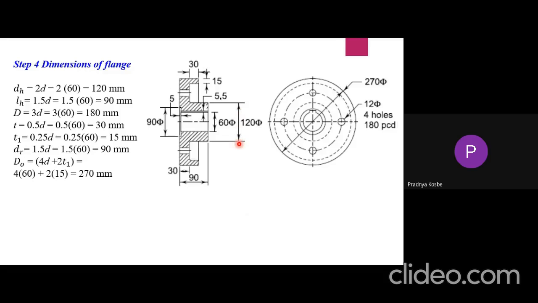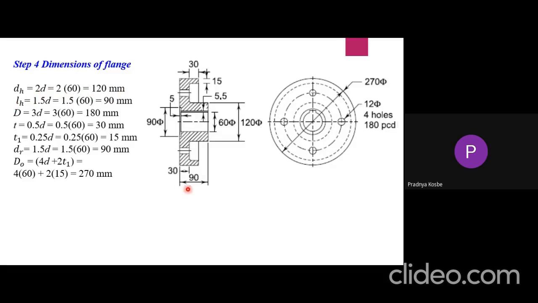All these empirical relationships are in terms of shaft diameter. So once you know the shaft diameter, you can find out all the dimensions of the flange. And here we have found the diameter of the shaft is equal to 60 mm. So dh, the diameter of the hub, is equal to 2d. So it is 2 into 60, which is 120 mm.